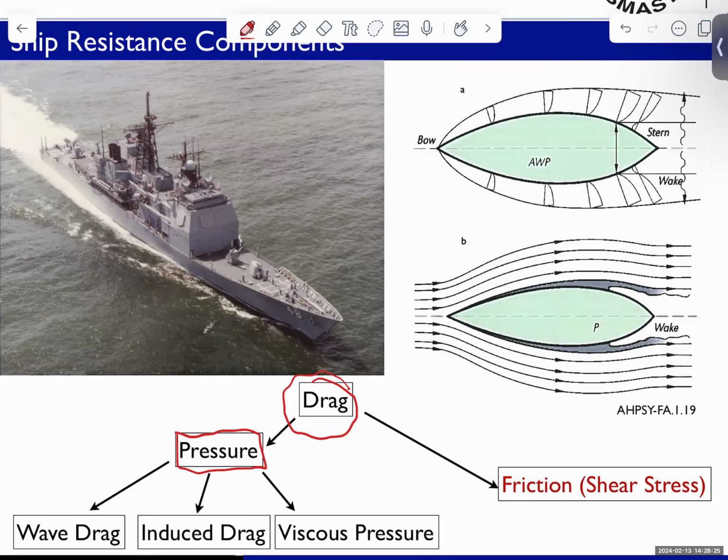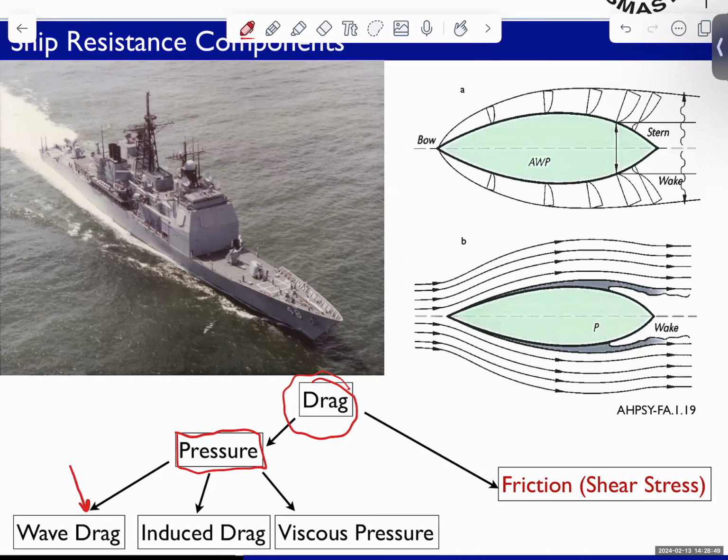We introduced last week the dynamics of waves and the Kelvin wake associated with the ship. We're going to be using some tools to look at wave drag, and we'll talk about how we use models in order to get the wave drag on a full scale by scaling up the model resistance.